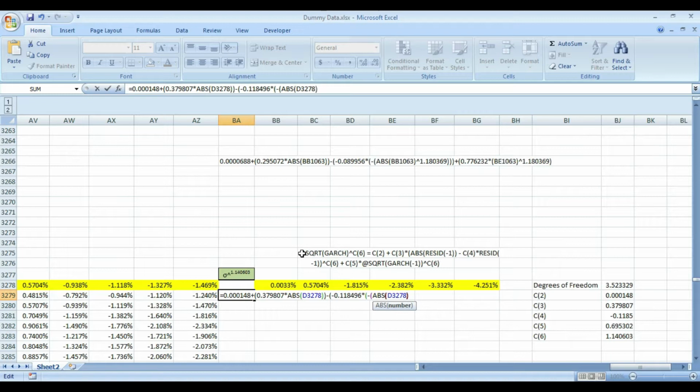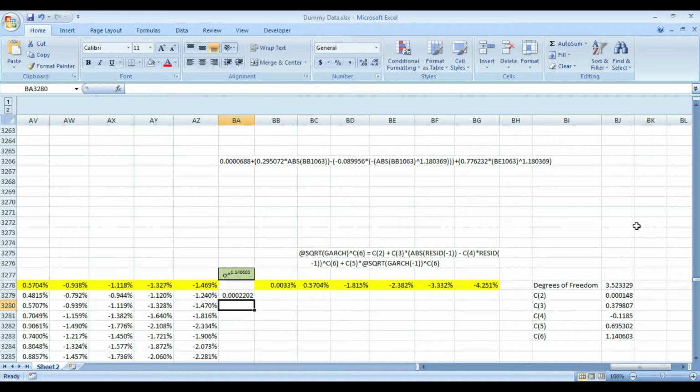Then I'll close brackets, then it says to the power of C6. So to the power of C6, C6 is simply 1.140603. There you go. Now I will close all the brackets. Now the equation says plus of C5.